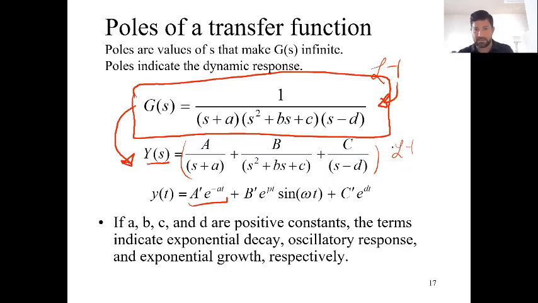The exact term is, if we have 1 over s plus a in the Laplace domain, in the time domain this looks like e to the negative at. So this is the function in the time domain, and this is the function in the Laplace domain. So I know if I get a function that looks like a over s plus a and I take the inverse Laplace of this, it's going to be this. Same over here: the inverse Laplace of something that's s minus a is going to look like this.